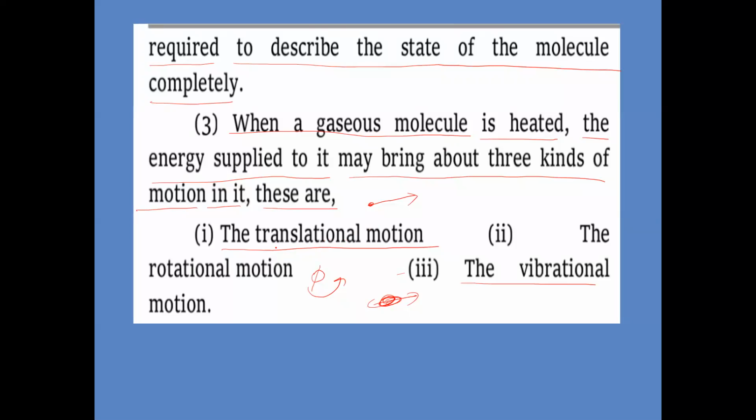They have three types of motion here. The first one is the translational motion, the motion along a straight line. The second is the rotational motion, when the molecule is rotating. And the vibrational motion means the molecule moves to and fro.